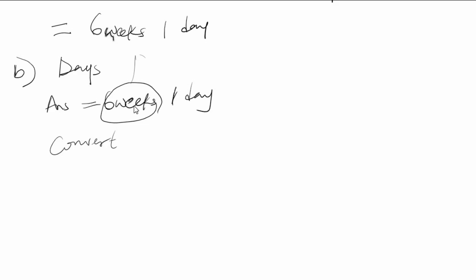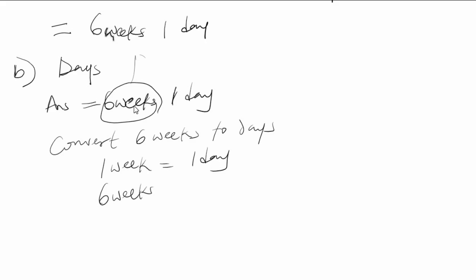So to convert 6 weeks to days, we have that 1 week is 7 days. 6 weeks will be how many days? Don't forget the conversion method I taught in example A.